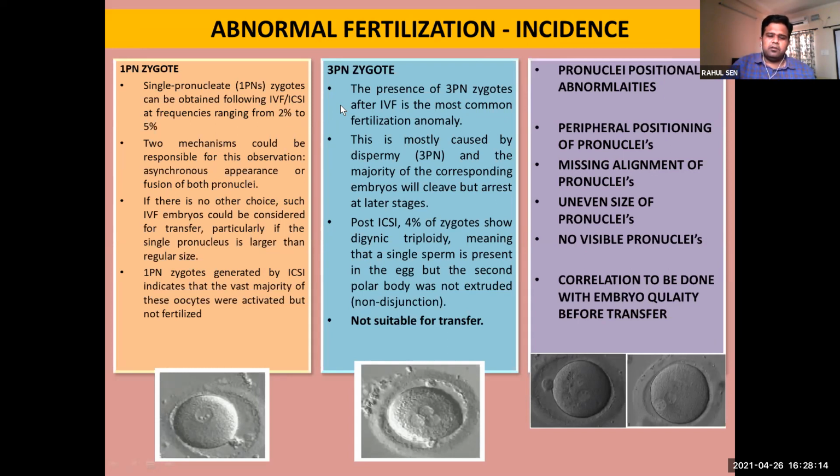That can also happen due to digenic triploidy. That means a single sperm is present in the egg, but the second polar body is not extruded, due to non-disjunction of chromosomes during the meiotic division, and that resulted in another pronucleus. So if we see more than two pronuclei on day one, these embryos are not suitable for transfer.